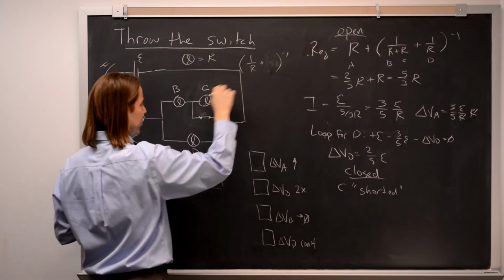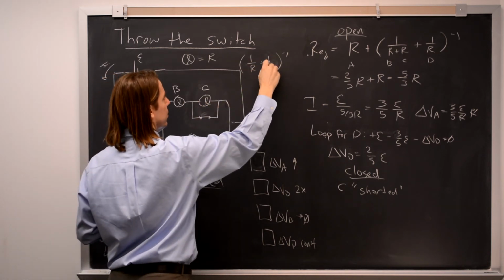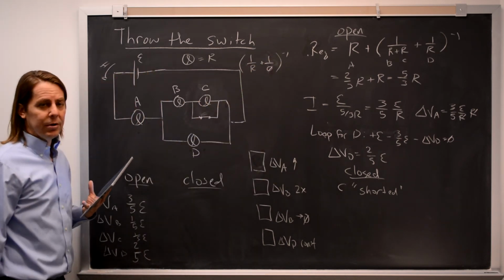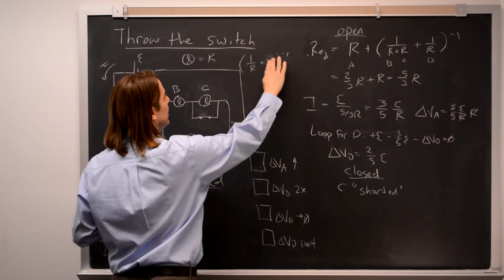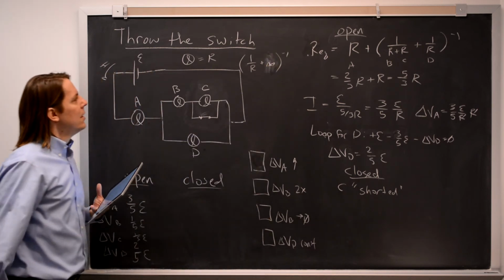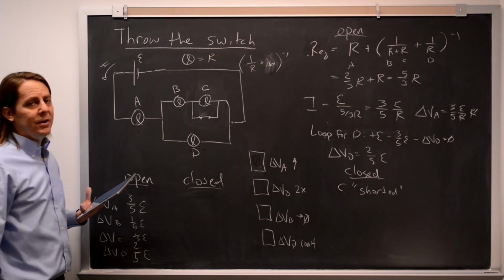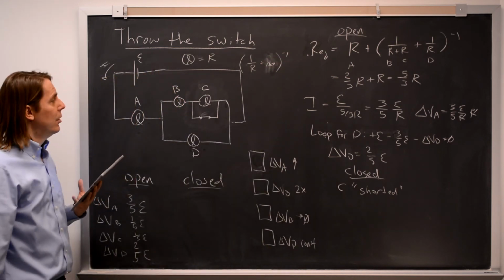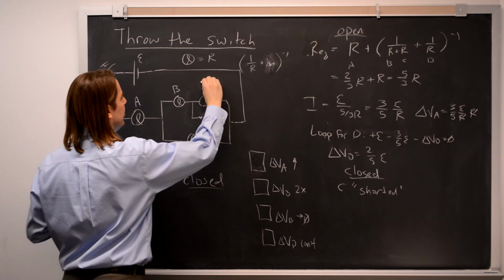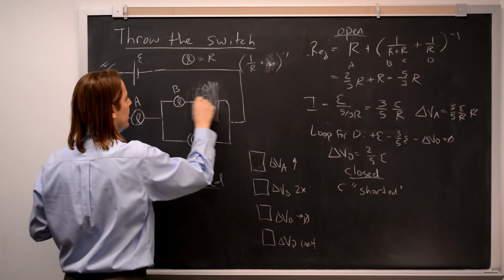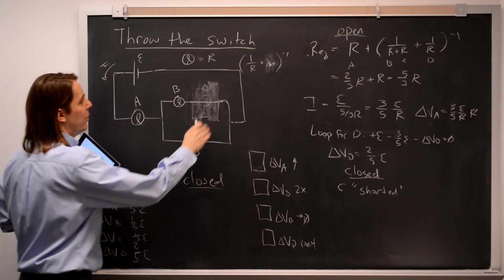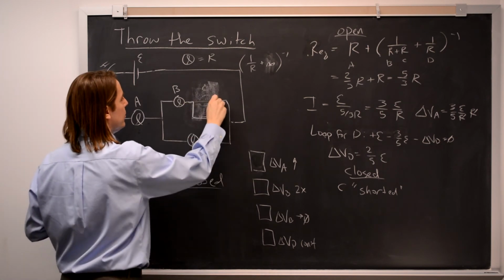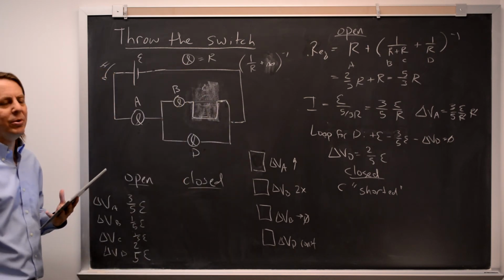So we say 1 over R for the bulb plus 1 over 0 to the minus 1. Well, that is infinity. So we take 1 over R plus infinity is infinity, and then to the minus 1, 1 over infinity is 0. So basically, this whole thing is just taken out of the picture. It's just not there anymore. We shorted it with a wire, or really you could think of it this way: this wire just took over and made that resistor disappear.